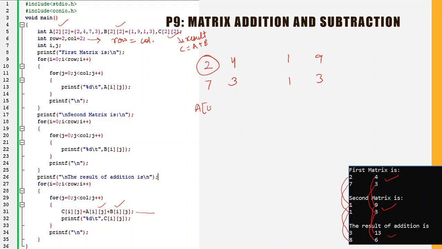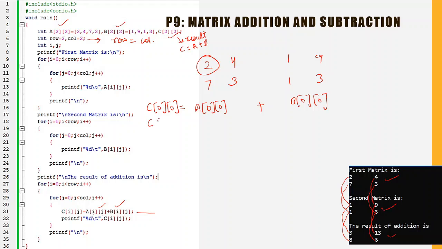This is A 0 0, and similarly here it is B 0 0. So for getting C 0 0, we require to add A00 plus B00.